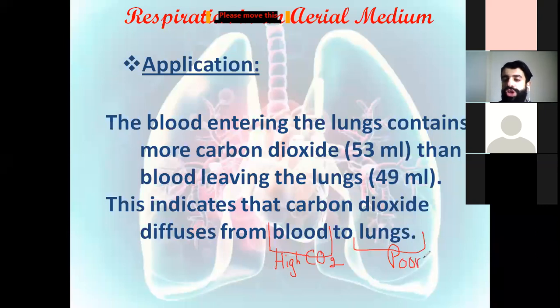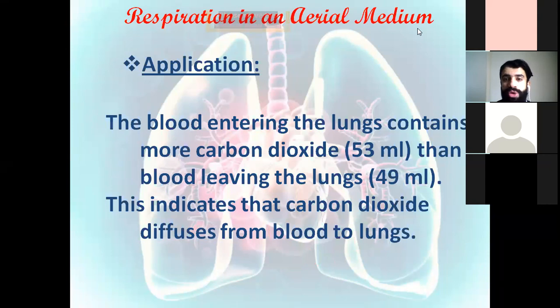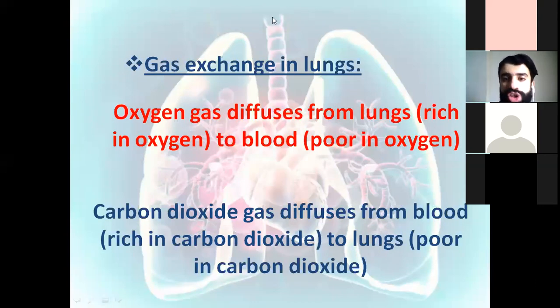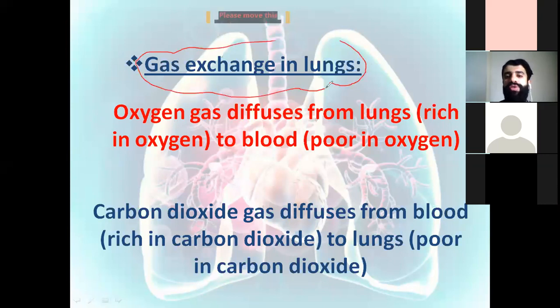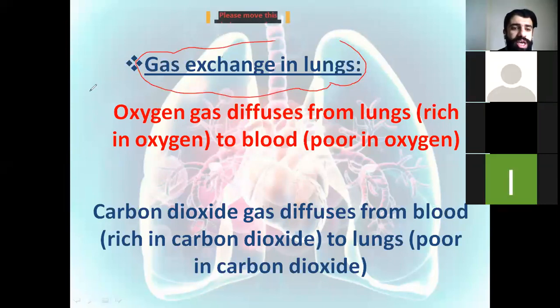From here, we can deduce important notes, and we have to study them in order to solve any exercise. If I ask you about the gaseous exchange inside the lungs, what you have to say is these two notes. You have to study them. They are very important.